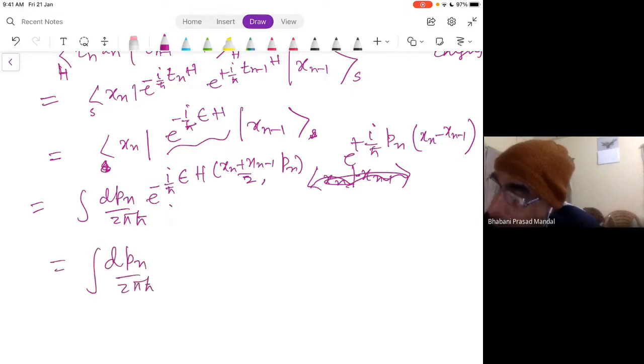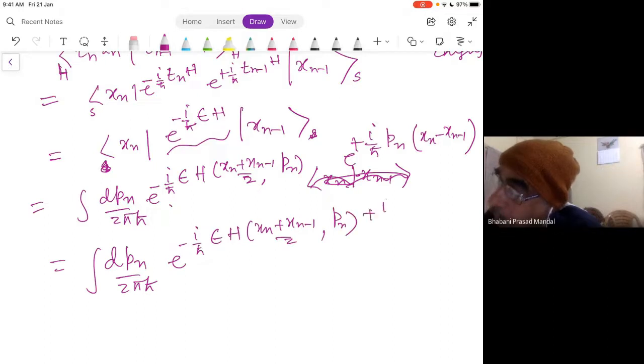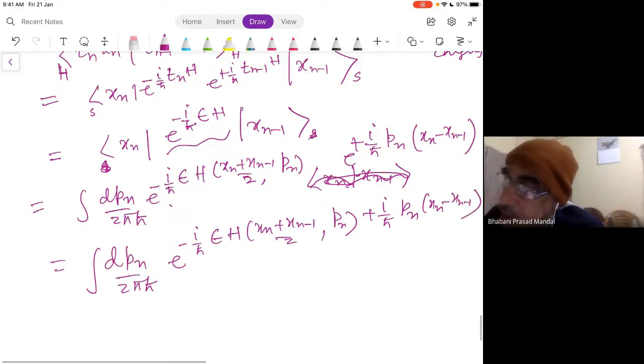This is a very important derivation in the path integral approach. So H_n, which is (x_n plus x_{n-1}) by 2 and p_n, and then I write i h cut p_n (x_n minus x_{n-1}). Okay, so this is the result.